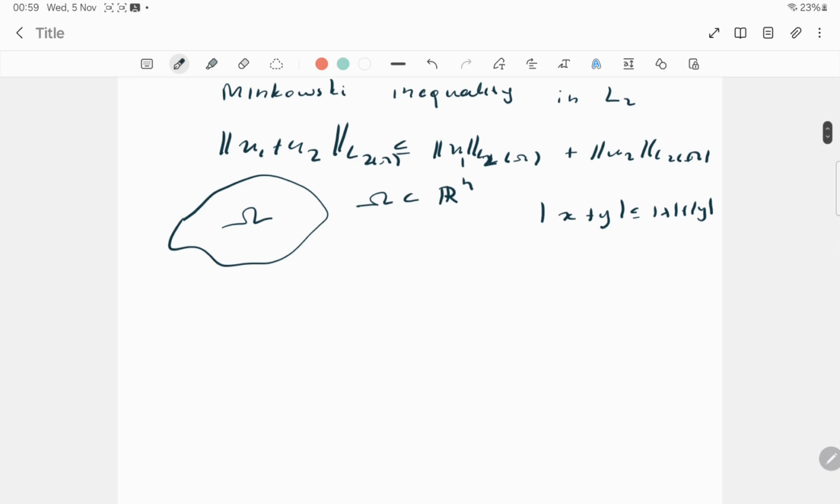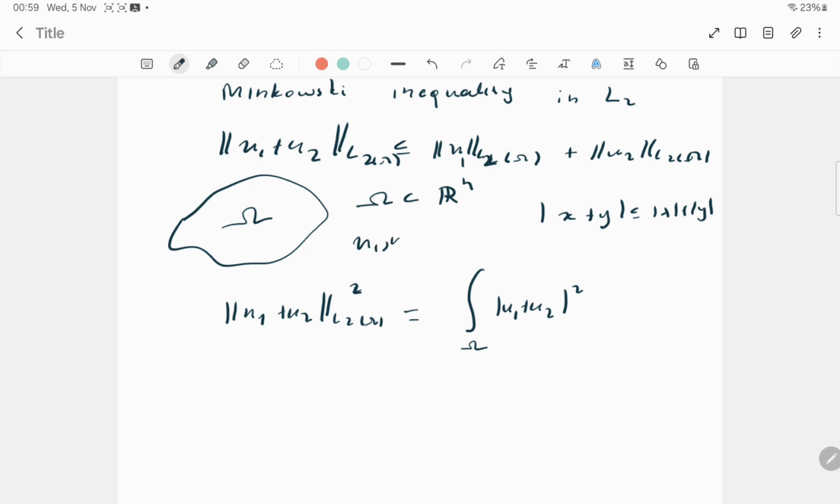How do we prove this result? We start with the norm of U1 plus U2 in L2 omega, squared. By the definition of the L2 norm, this is going to be the integral over omega of U1 plus U2 squared.